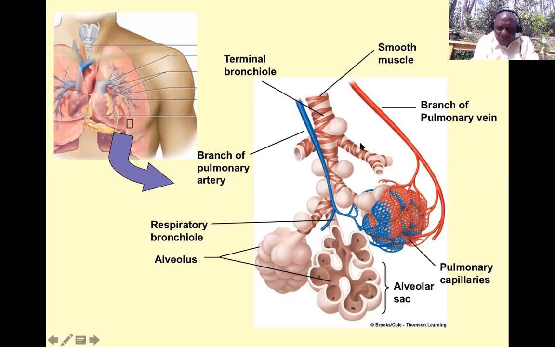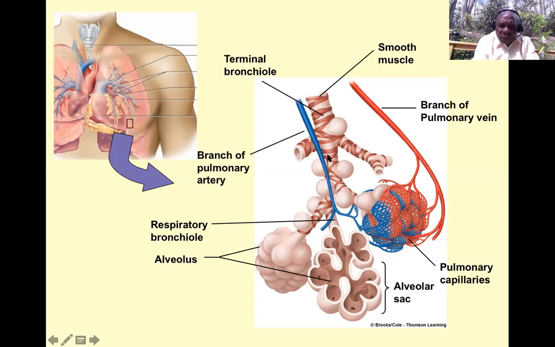And just before the airways get to the alveola, you have the bronchioles. We've talked about this quite a bit when we were talking about the autonomic nervous system.